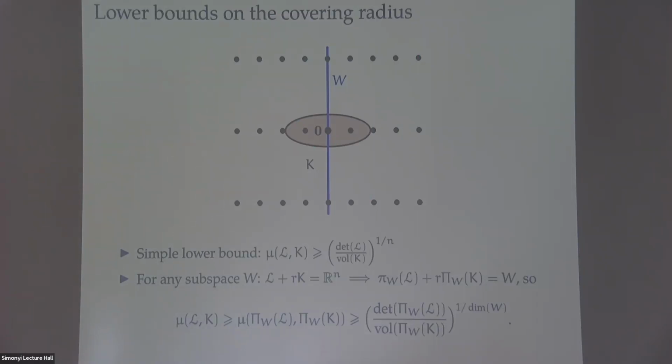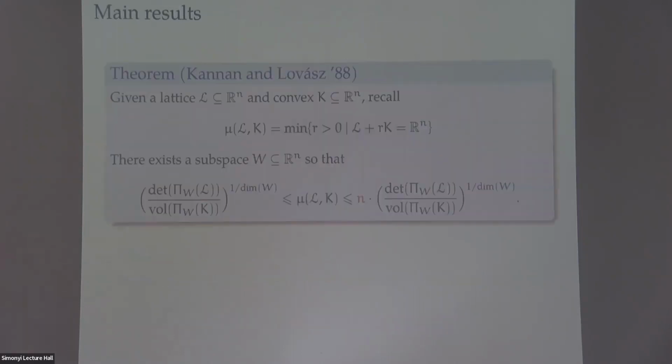So what Kannan and Lovász asked back in 1988 is, we have this lower bound for any subspace. The question they asked is, what is the best possible lower bound I can get for your favorite subspace? What they ended up showing back then in 88 is that if I have a convex body and a lattice and I define my covering radius, there's always some subspace W for which this lower bound I showed in the previous slide is tight up to a factor of n.